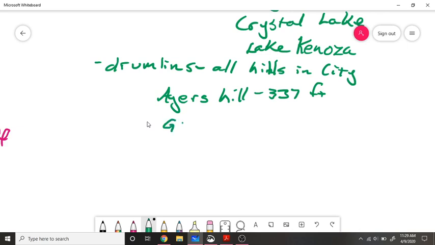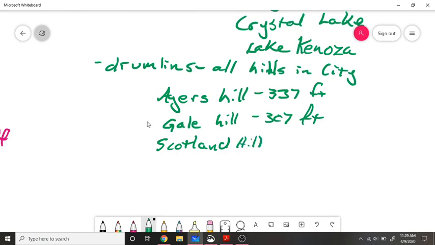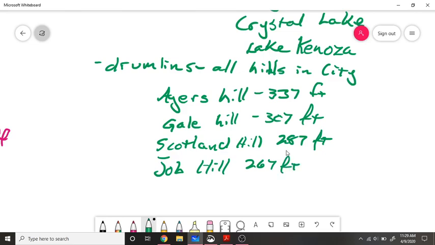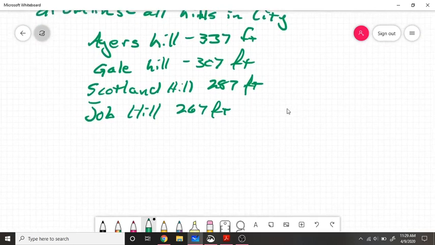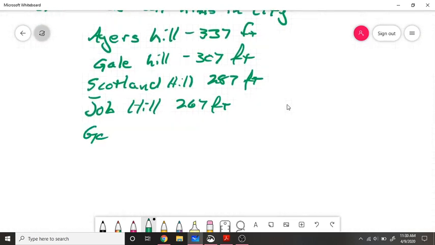Gale is 307. Scotland is 287. Job Hill, 267 feet. Golden is also 267 feet.